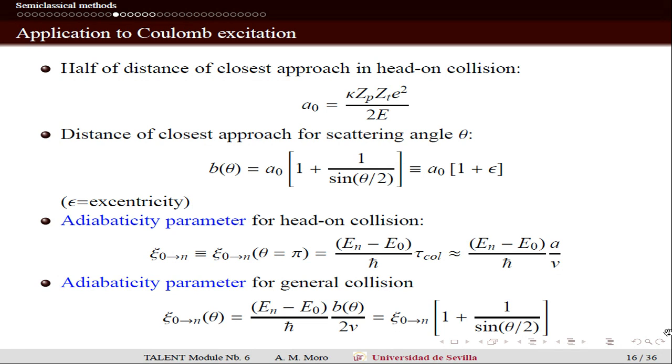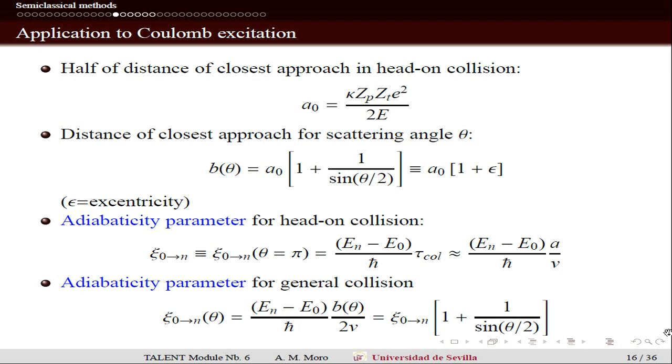But more generally, one could introduce the adiabaticity parameter for each orbit, because the collision time, since this distance of closest approach depends on each trajectory, one could make a specific definition or estimate of this adiabaticity parameter for each scattering angle. So when we write explicitly this theta, we will be thinking of some trajectory. When we don't write anything in the argument, we will be thinking of head-on collision.